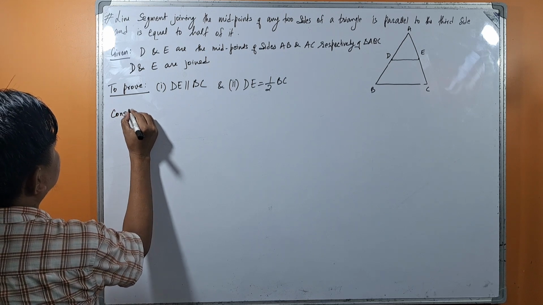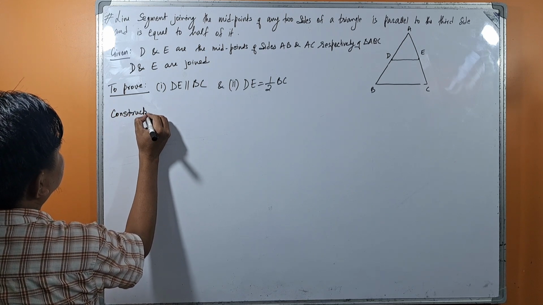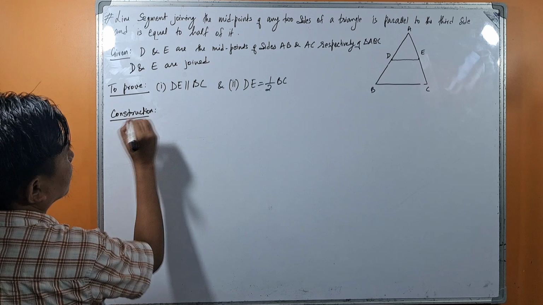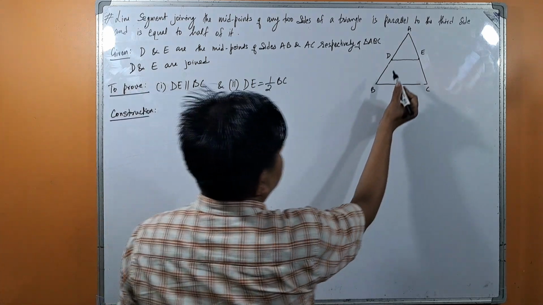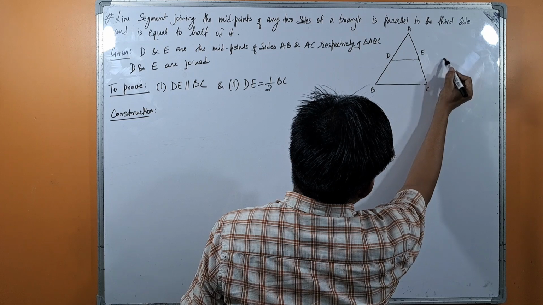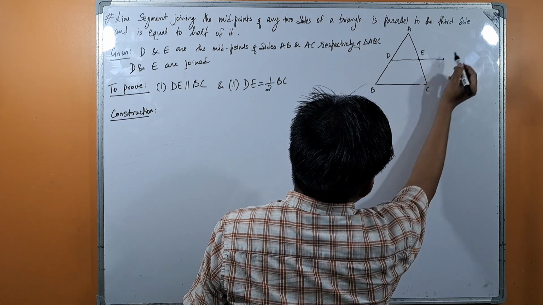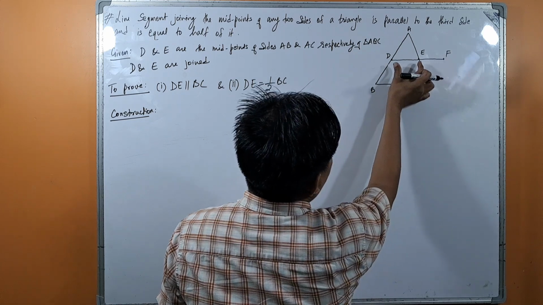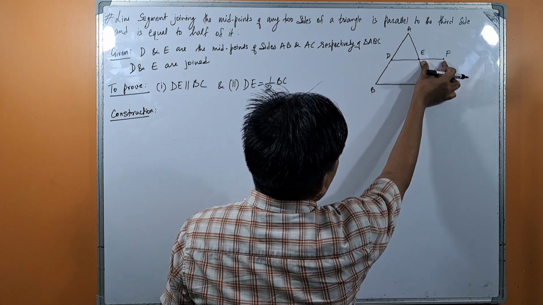Construction, let us do construction. Now let us extend this line segment DE up to the point F, such that DE and EF are equal.